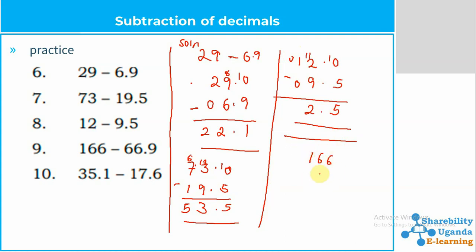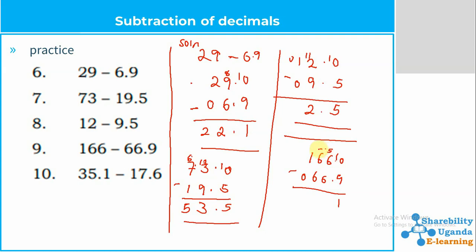Then the next we should be having our 166 minus 66.9, meaning here we also have 0.0. Now we should be able to subtract. This is a 0 minus 9, impossible. We borrow 1, here remains 5. So this becomes 10 minus 9, get 1. 5 minus 6, it is impossible.